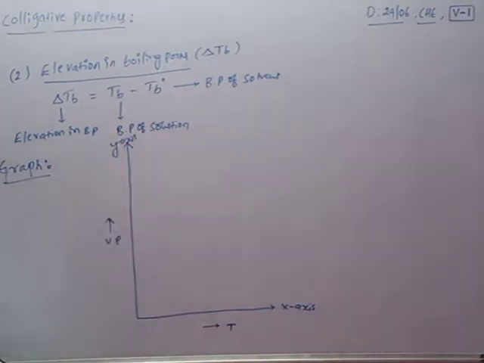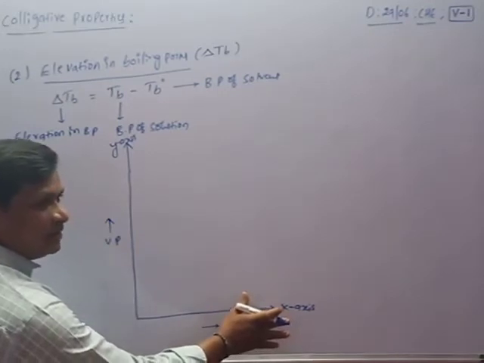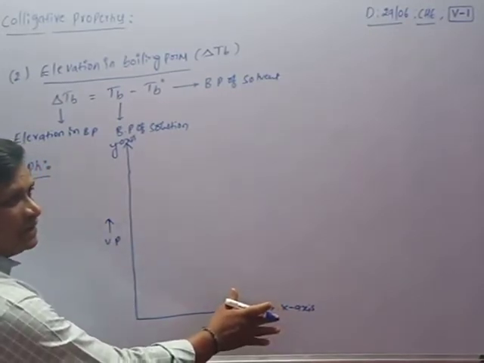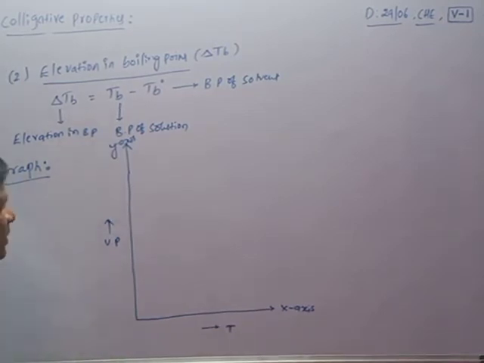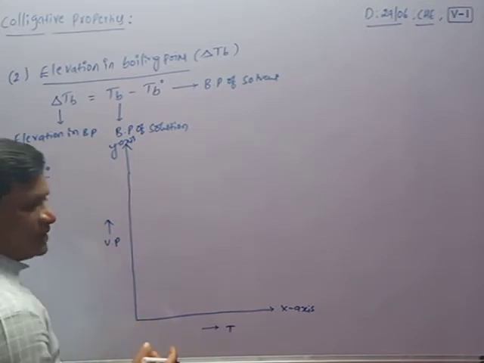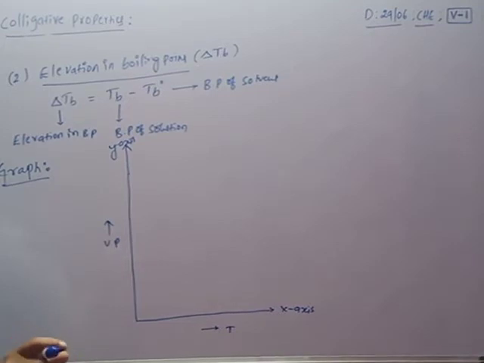Simply, if the boiling point increases, generally the vapor pressure also increases. For example, if the solvent boiling point is less, its vapor pressure is more.